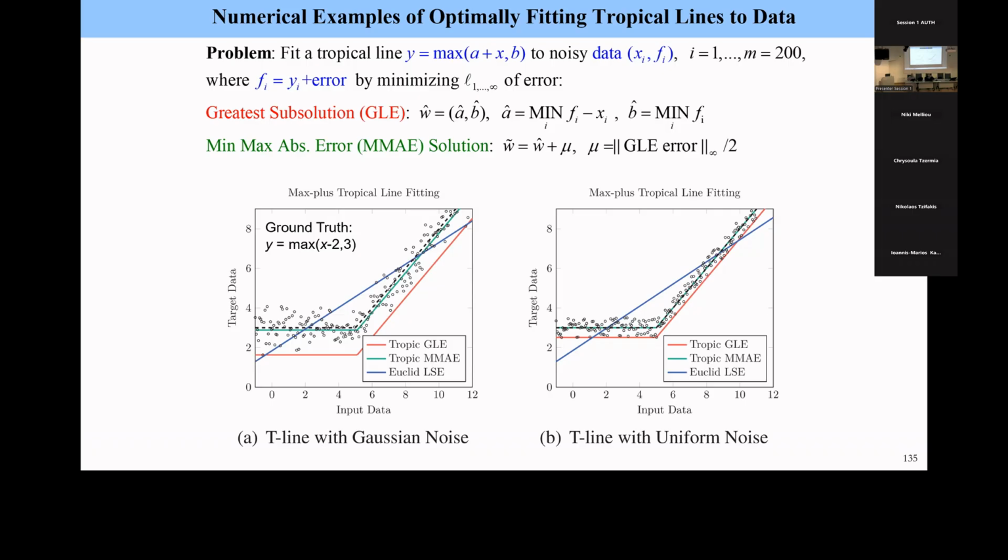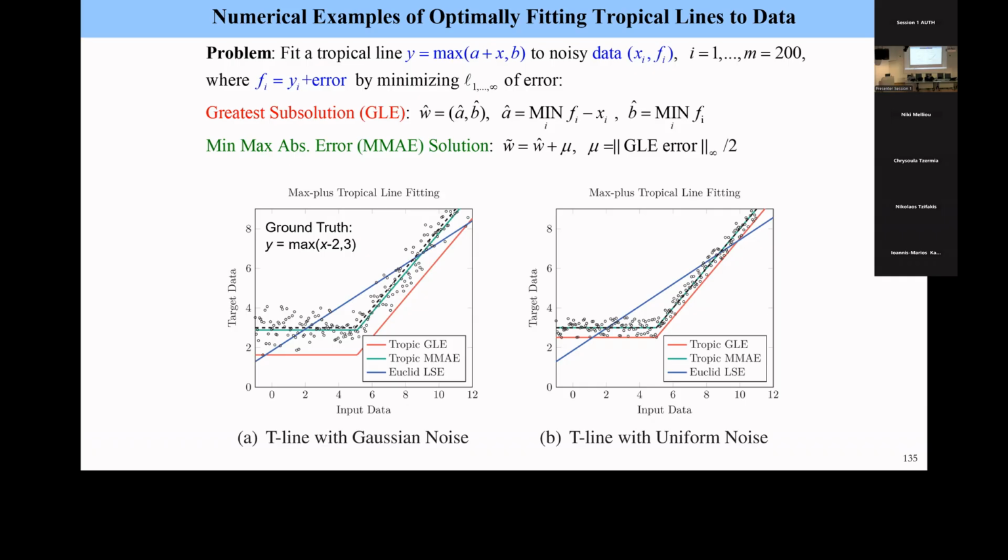And if we try to regress this data with a Euclidean line, then of course the error is very large, whereas if we regress them using a tropical line, which means a max-plus polynomial, to find the max-plus polynomial of degree 1 here, you see that both the red does a better job than the blue, the Euclidean, and even better job does the unconstrained solution, the green one, in both types of noise.